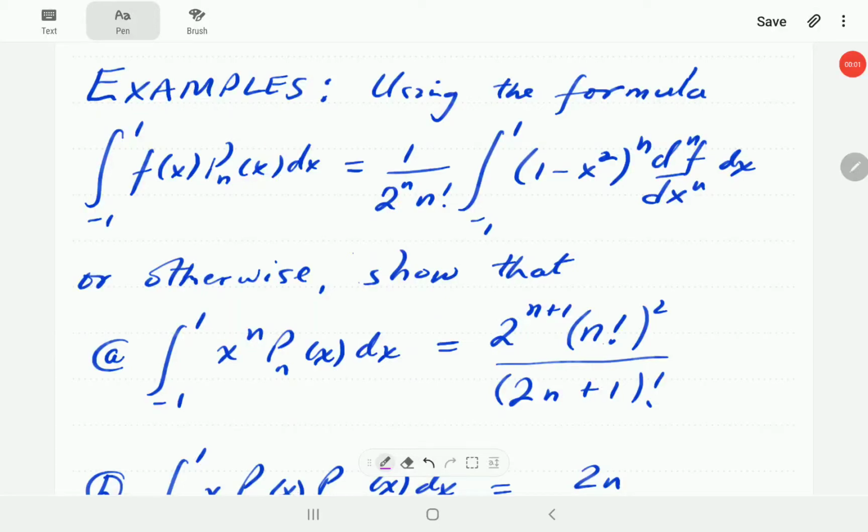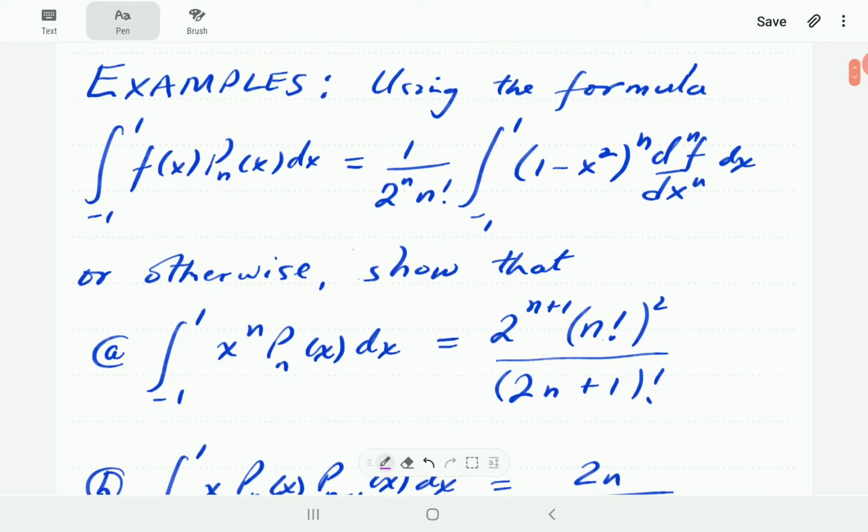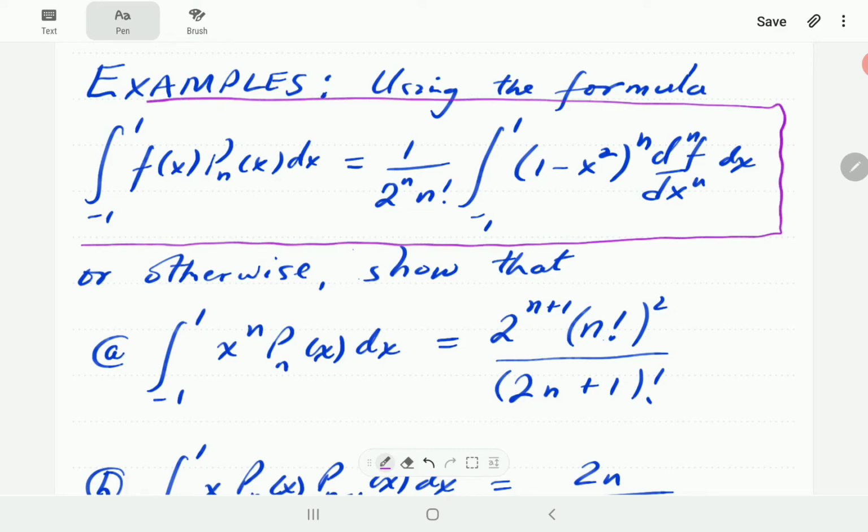All right, in this video, we're going to show how to derive some results involving integrals of Legendre polynomials using this integral result that we derived in the video entitled orthogonal properties of Legendre polynomials.